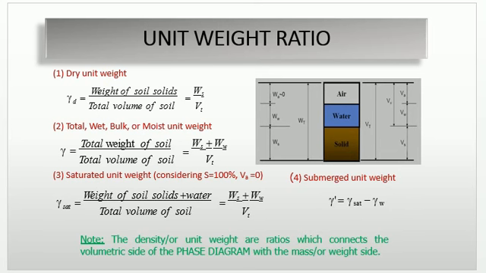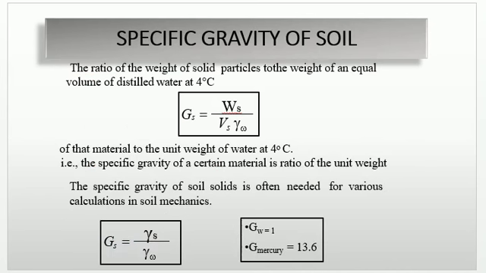Next, specific gravity of soil. It is the ratio of the weight of solid particles to the weight of an equal volume of distilled water at 4 degrees. The specific gravity is denoted by Gs, with s in subscript.